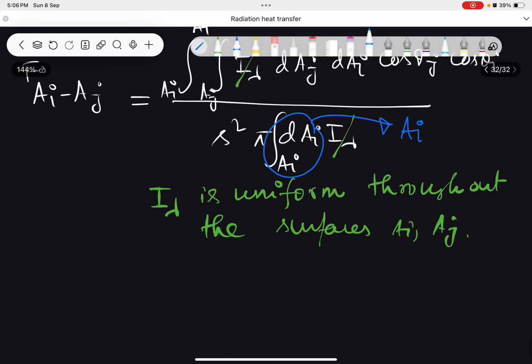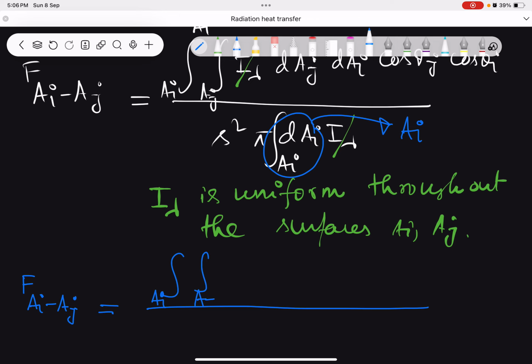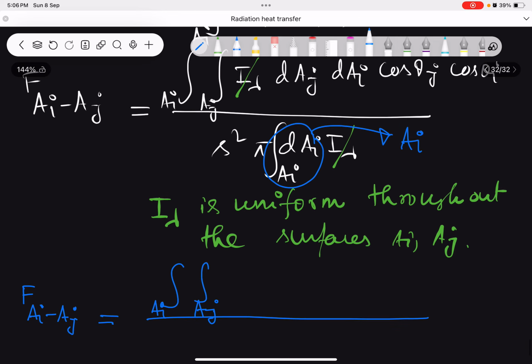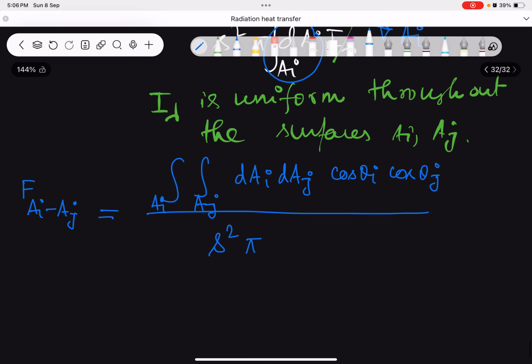So finally, for the finite areas, F AiAj is equal to 1 over Ai, double integral over Ai and Aj of cos theta i cos theta j over S square pi dAi dAj. Clear? This is the answer, but still one expression is remaining that you have to write.